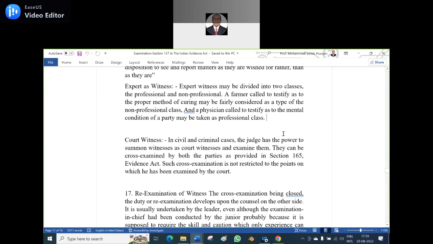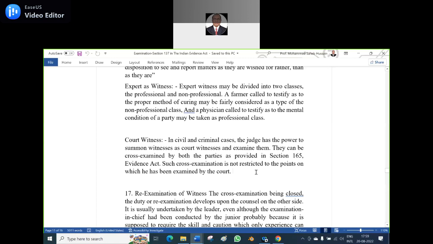Then we will see the court witness. What is meant by court witness? In civil and criminal cases, the judge has the power to summon witnesses as court witnesses and examine them. They can be cross-examined by both the parties as provided in Section 165 of the Evidence Act. Such cross-examination is not restricted to the points on which he has been examined by the court.